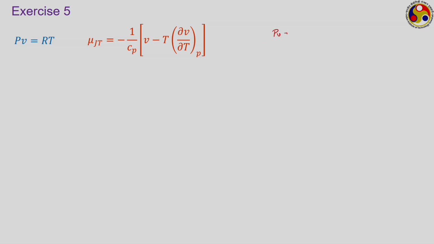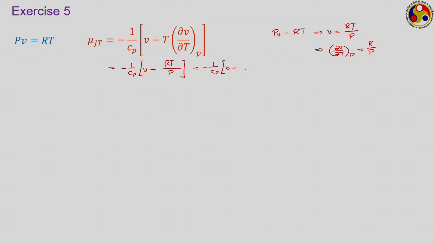So, we have PV equal to RT, that is V is equal to RT upon P, that is (∂V/∂T) at P becomes R upon P. So, if we put it here, minus 1 upon Cp into V minus RT by P, minus 1 upon Cp, V minus what is RT upon P? It is V only, is equal to 0.